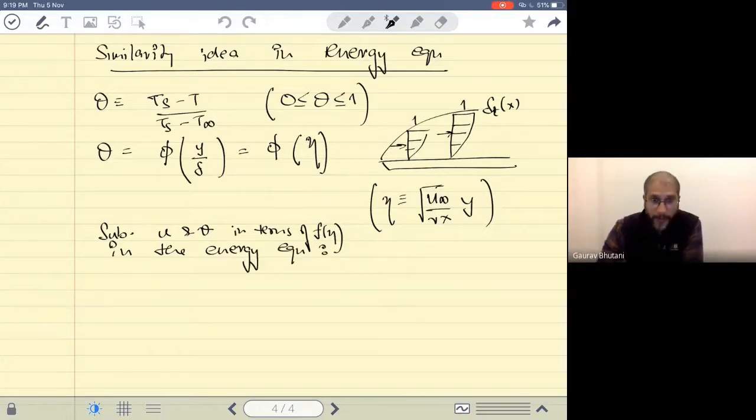So when we substitute the expressions for u and v into the energy equation, we get an ordinary differential equation for theta. Now remember that theta is only a function of eta, as we have shown from this similarity idea for the energy equation.